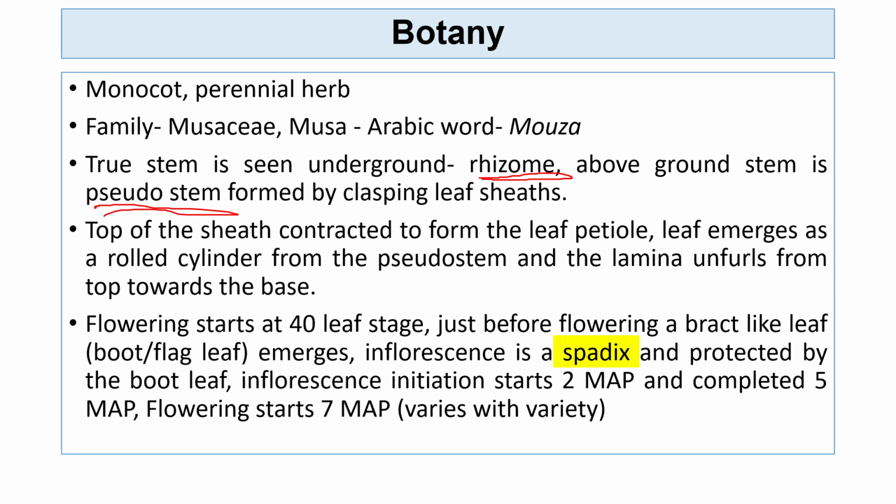Flowering starts at around the 40 leaf stage. Before the flowering, a bract-like leaf emerges, and that leaf is termed the boot or flag leaf. It is the leaf emerging just before the flowering, bract-like and small in size compared to other leaves.